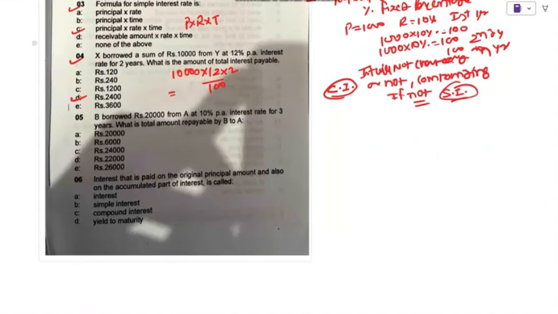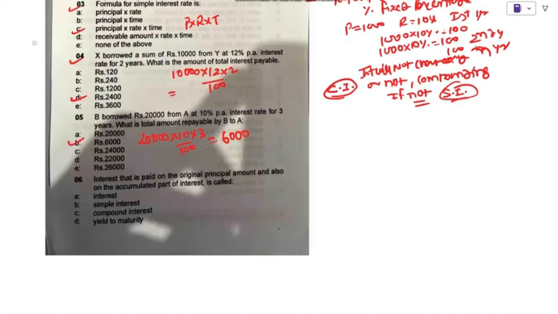Now next question. We borrowed 20,000 from A at 10% per annum interest rate for 3 years. What is the total amount repayable by B to A? Again, compound interest is not mentioned, so it is a simple interest question. So again, 20,000 into 10 into 3 upon 100, which comes out to be 6,000.